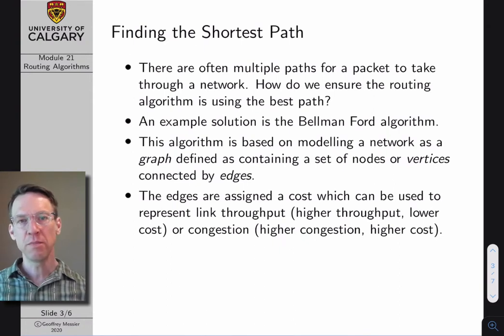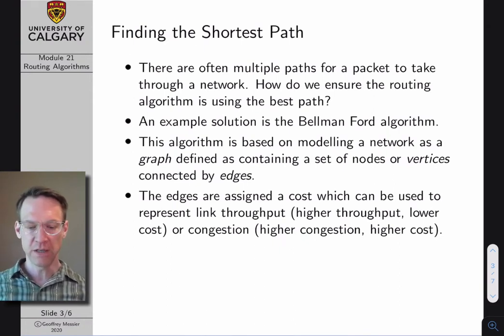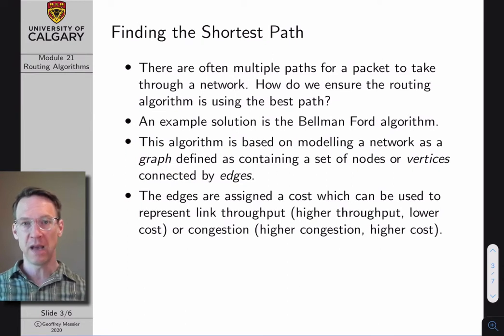So if we look at the Bellman-Ford algorithm in a little bit more detail, it's basically an algorithm for finding the shortest path through a graph. And often, as we've said a few different times now, there are potentially a few different paths that a packet can take through a mesh network.